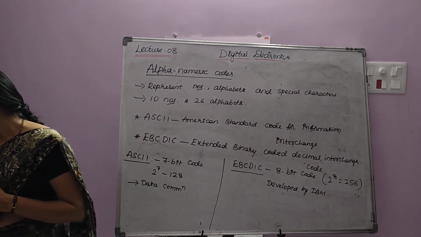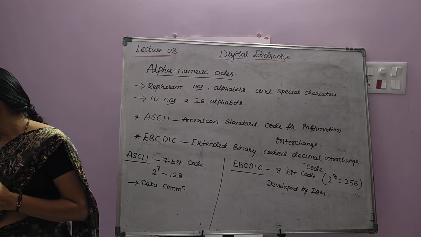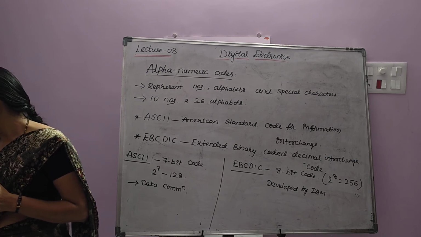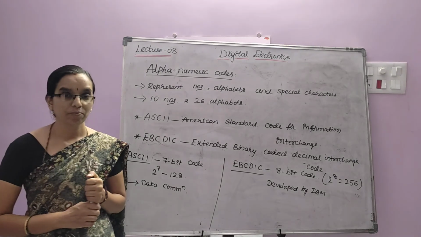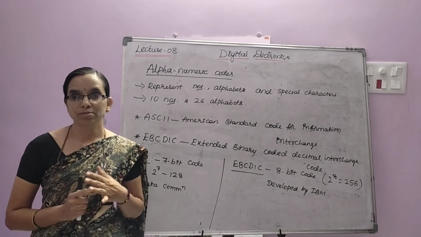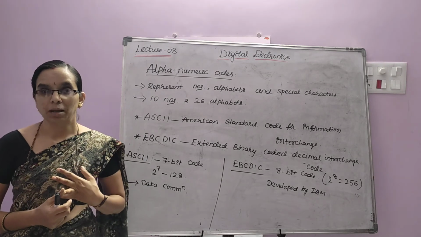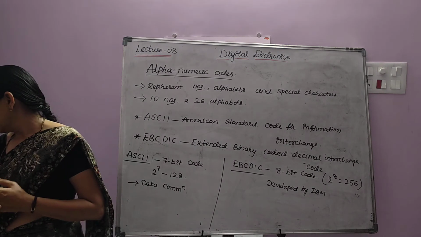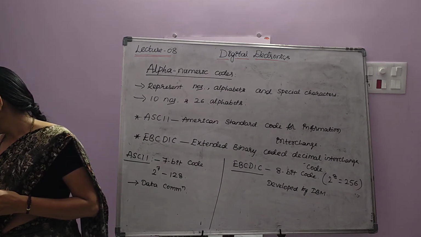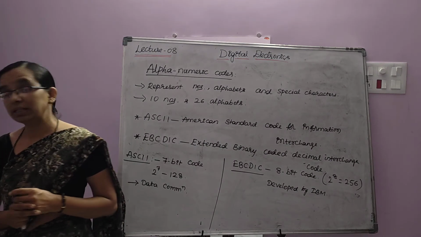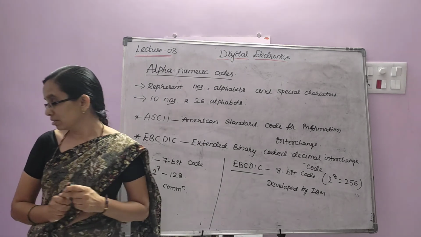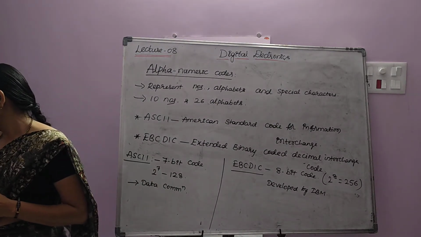Also 26 capital letters and 26 small letters, all are represented using these 7 bits, along with the 10 decimal numbers and some special characters.